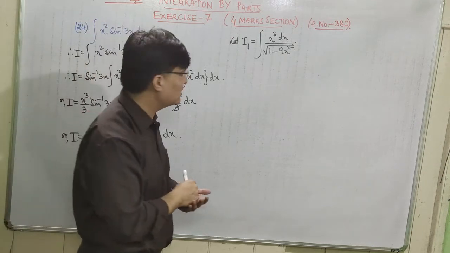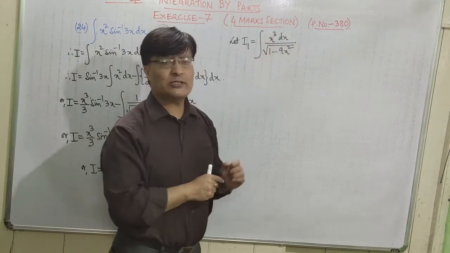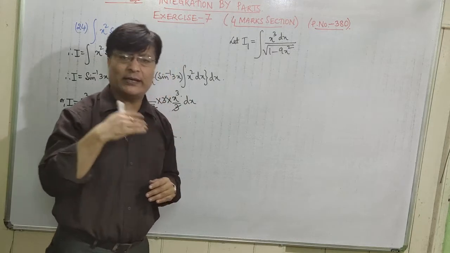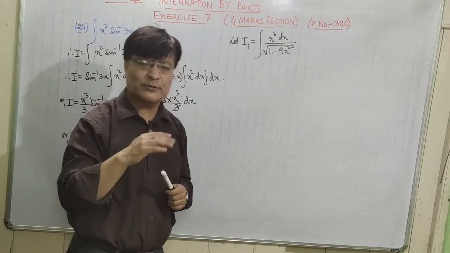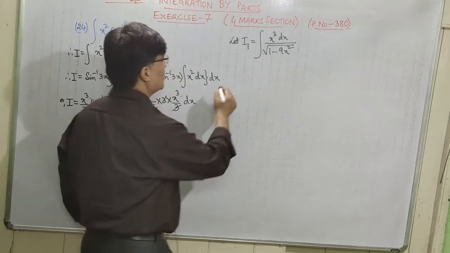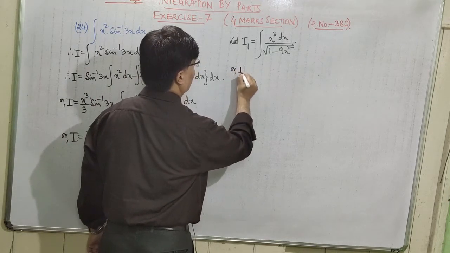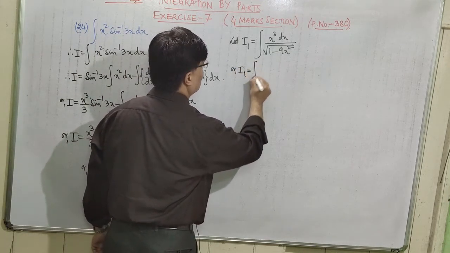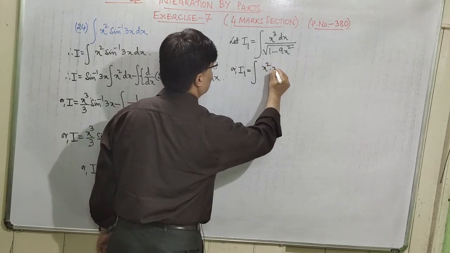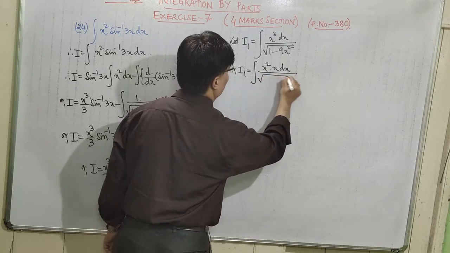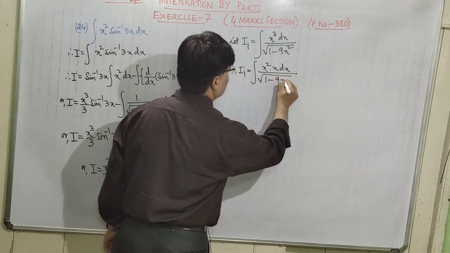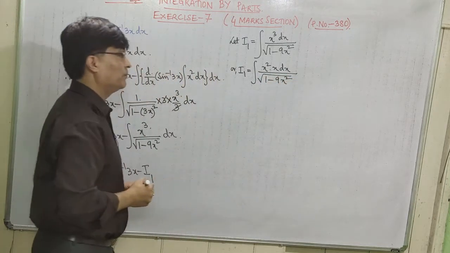We're getting x, isn't it? So you can break this term x cube as x square into x, so that we can put the value for x dx in terms of dz. Okay. So let us separate x cube. I1 is equal to integral of x square into x dx divided by root over 1 minus 9x square.